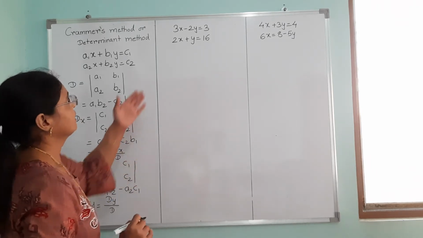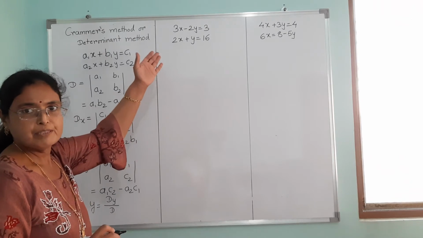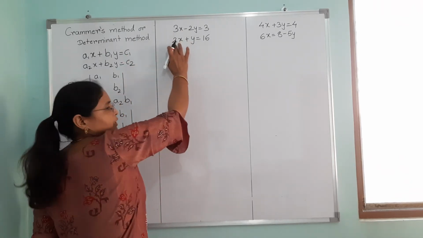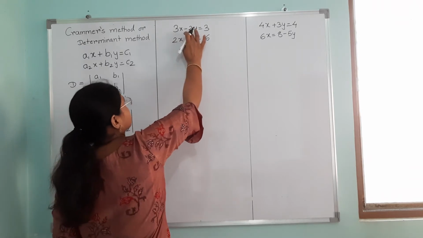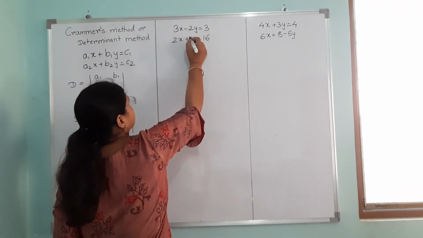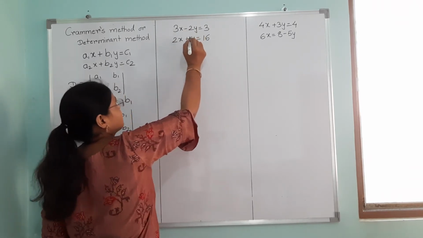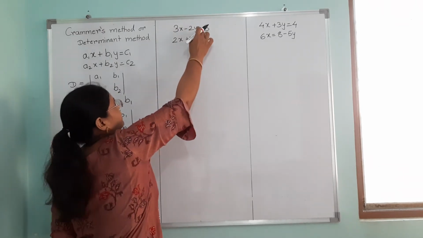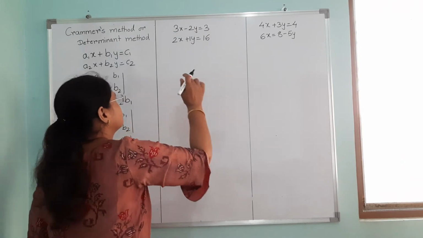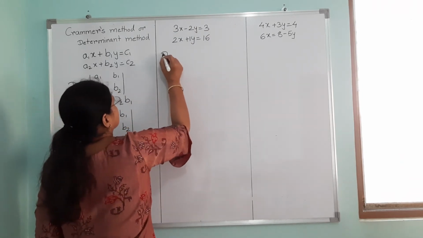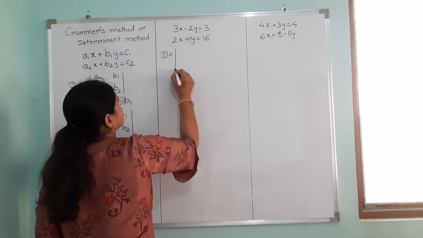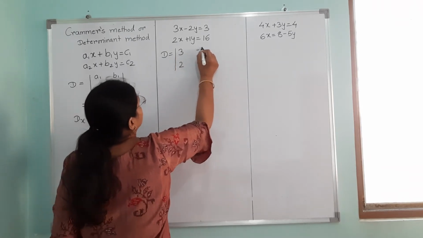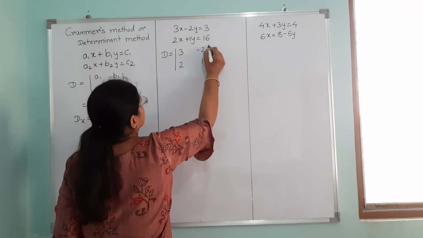Now let us see how an actual example should be solved. Here 3 and 2 are coefficients of x, minus 2 and plus 1 are the coefficients of y, and 3 and 16 are the constant terms. Now let us first find the determinant 3, 2, minus 2, 1.